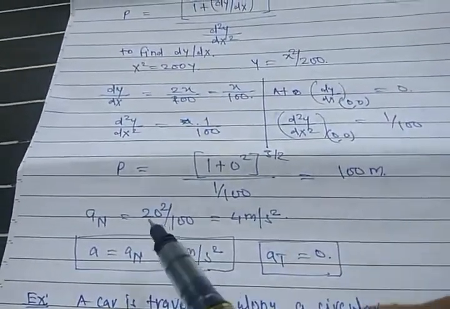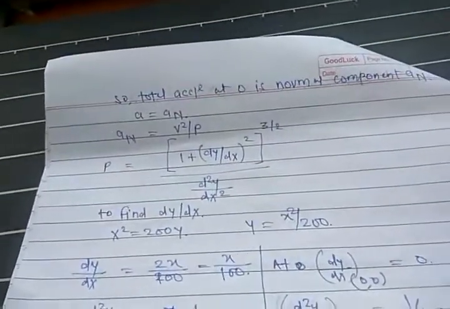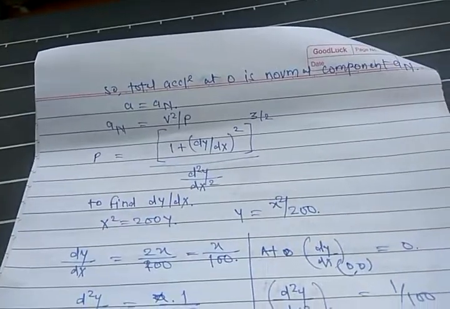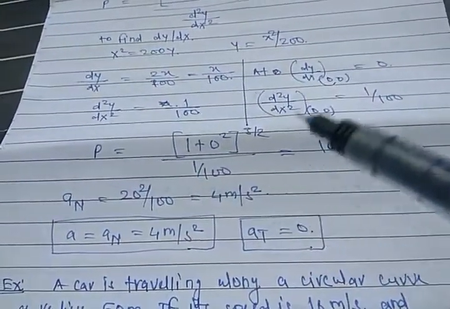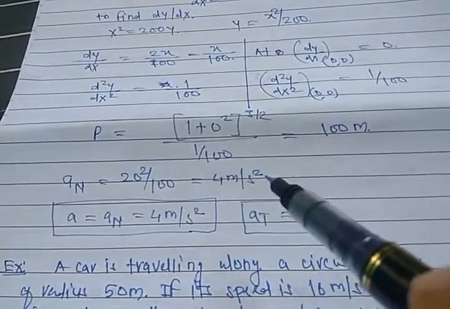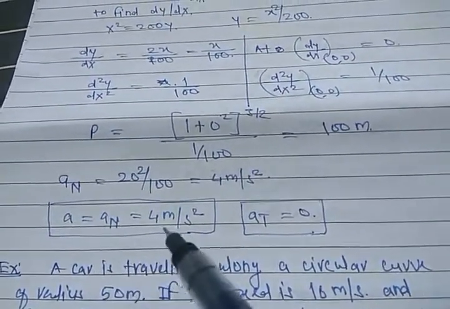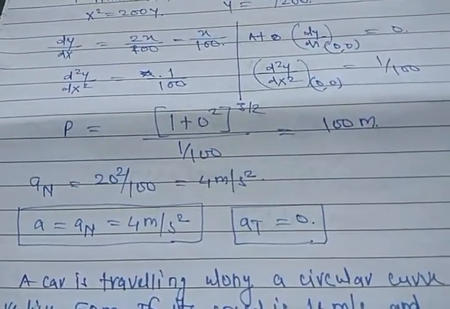Rho is 100, v is 20, since 72 kmph is 20 meter per second. So an is equals to 4 meter per second square. A is equals to an is equals to 4 meter per second square at t equals to 0.